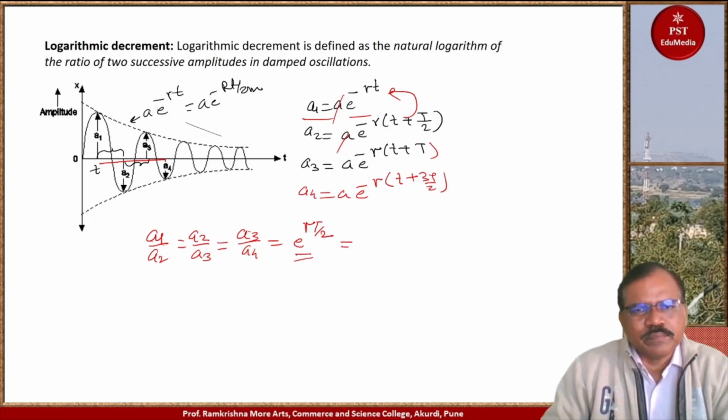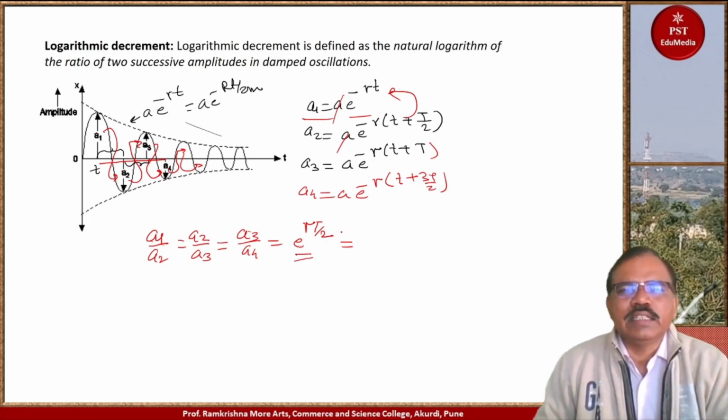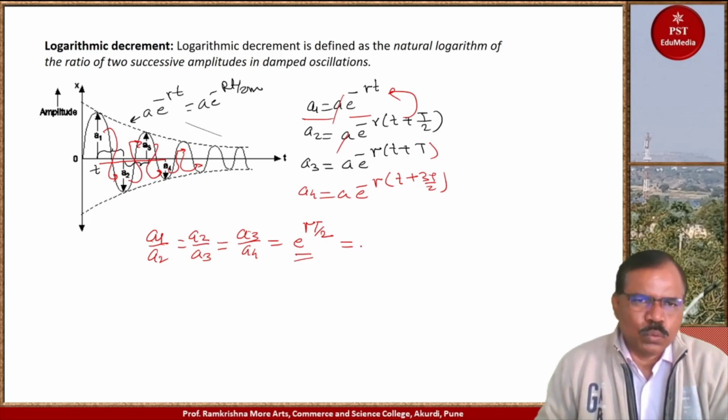So here see, a1 upon a2 means this a1 upon this a2. Then this a2 upon this a3. Then a3 upon a4. a4 upon a5. a5 upon a6 and so on. It is e raised to gamma T by 2.